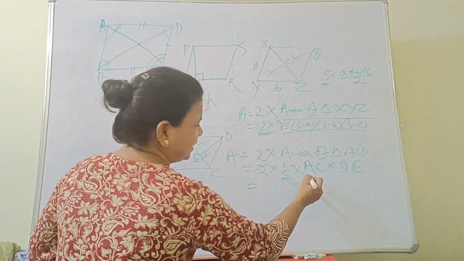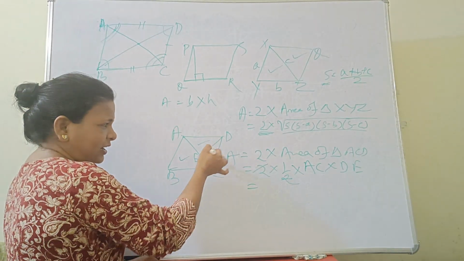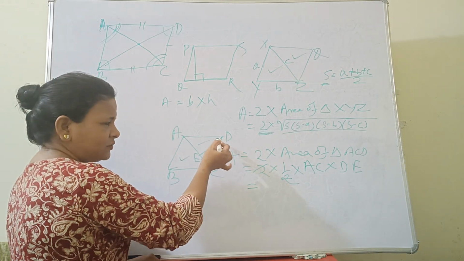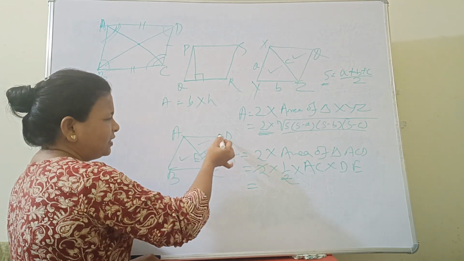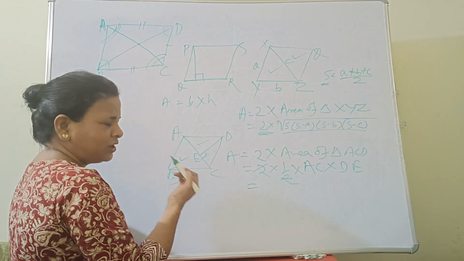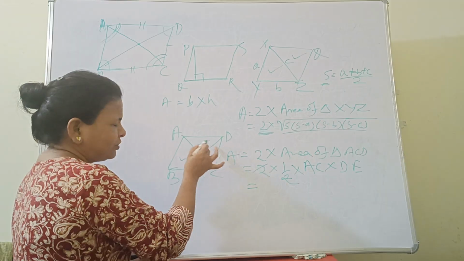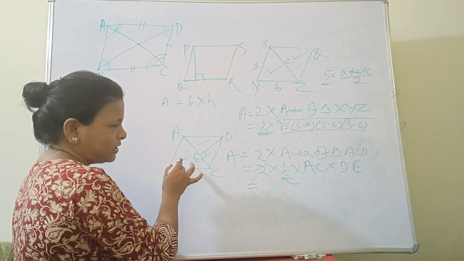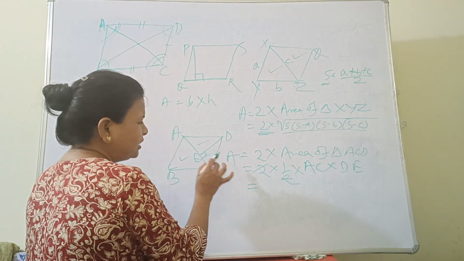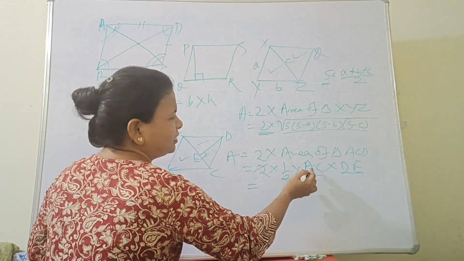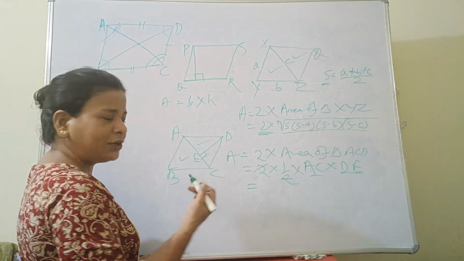That's why we can simply write, when one diagonal and the perpendicular to the diagonal from its opposite vertex are given, then in a parallelogram you can take the area of the triangle and multiply it by 2. When you do this, the 2 gets cancelled, so we are simply left with the diagonal and the perpendicular to it.